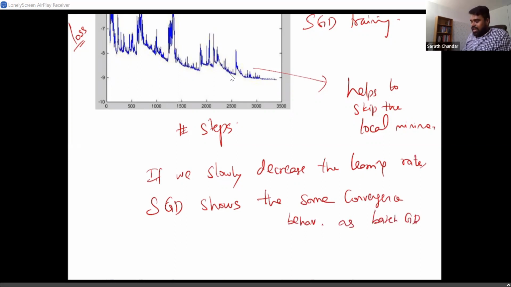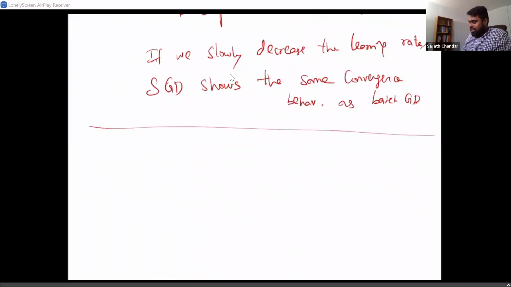Now this is the other extreme, but we have also seen something in between these two. Can someone tell me what is in between batch gradient descent and stochastic gradient descent? Mini batch gradient descent, right? The third idea that we have seen so far is mini batch gradient descent.